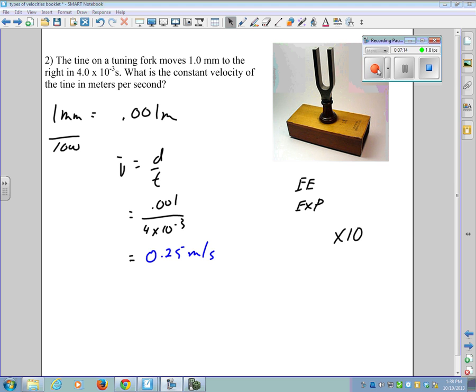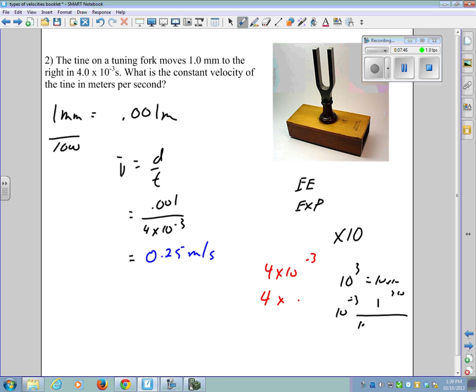So what does the minus 3 mean here? Well, 4 times 10 to the minus 3. Like if you actually went on your calculator, it means 4 times, what's 10 to the power minus 3? Do you guys know what a negative exponent means? Nope. No. Yeah. I forget. Never learned it. 10 to the 3 means 10 times 10 times 10, right? 10 to the minus 3 means 1 over 10 times 10 times 10.